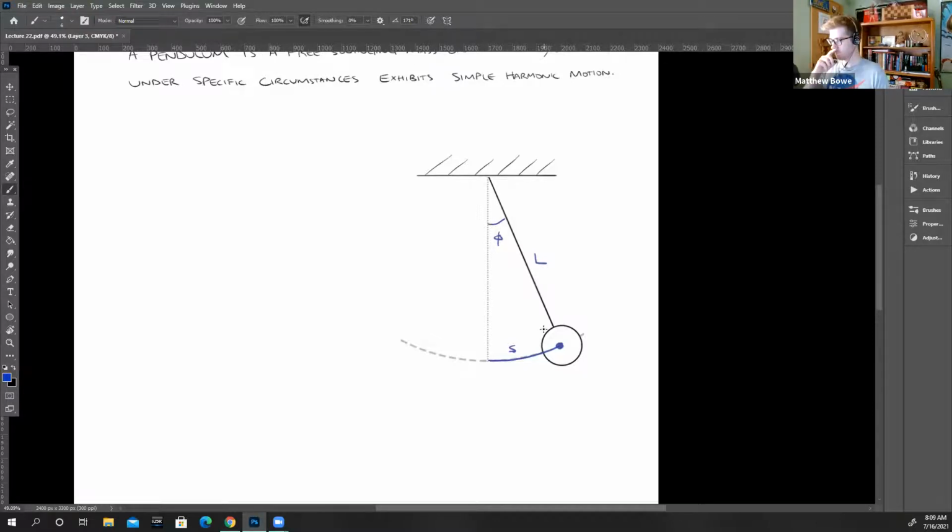Well, from the free body diagrams of previous chapters, we could label all the forces involved on this mass.